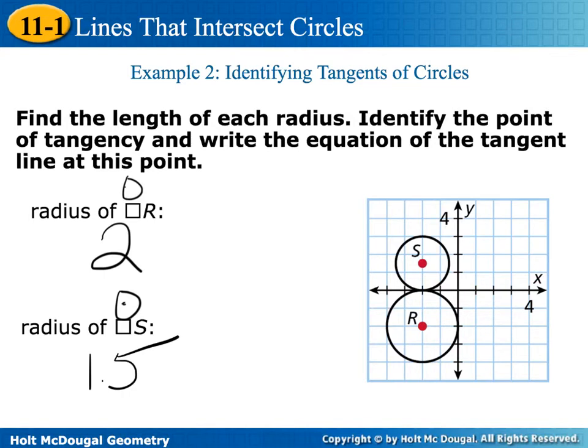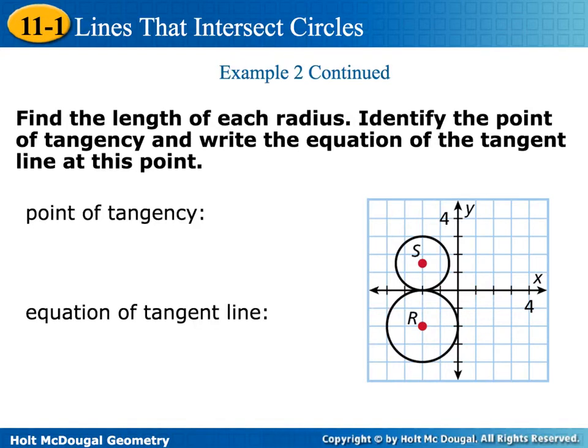All right, the point of tangency. The point of tangency is going to be where these circles touch each other. And right here is the point of tangency. I need to figure out what grid point that is.